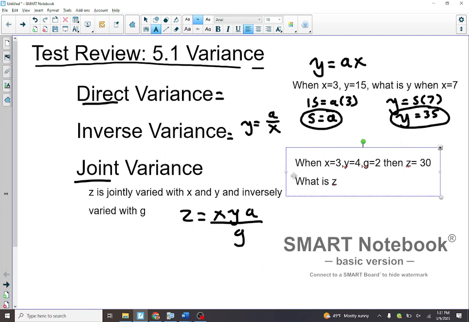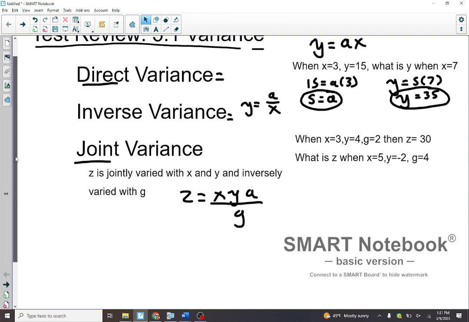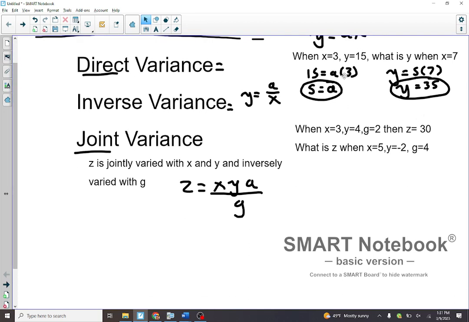What is z when x equals 5, y equals negative 2, g equals 4? So the first part of this is when x equals 3, y equals 4, g equals 2, then z equals 30.